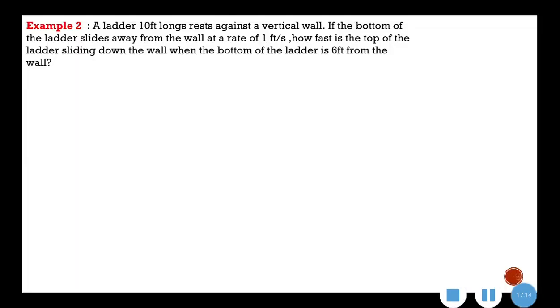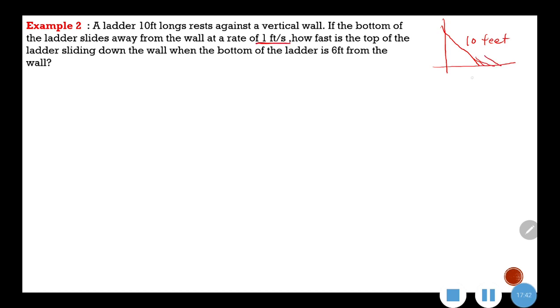So I think I have to rewrite this again. As I said earlier, I hope it was recorded. I really hope it is recorded. So this is a ladder 10 feet resting against a vertical wall, right? The ladder is sliding at a rate of 1 feet per second.